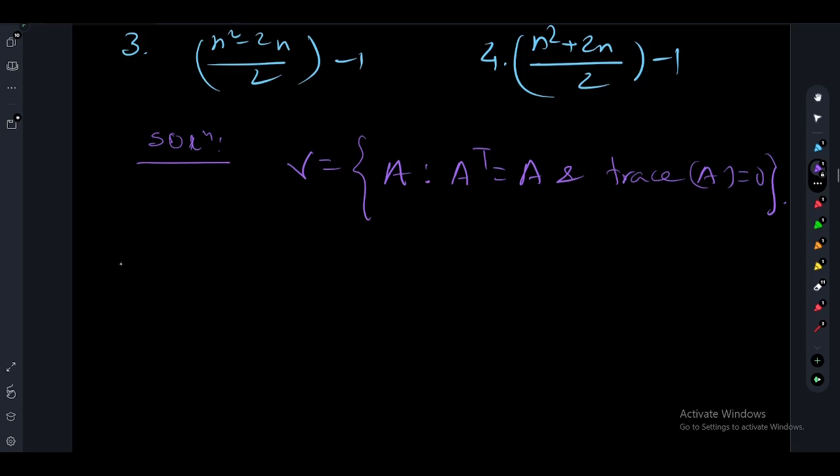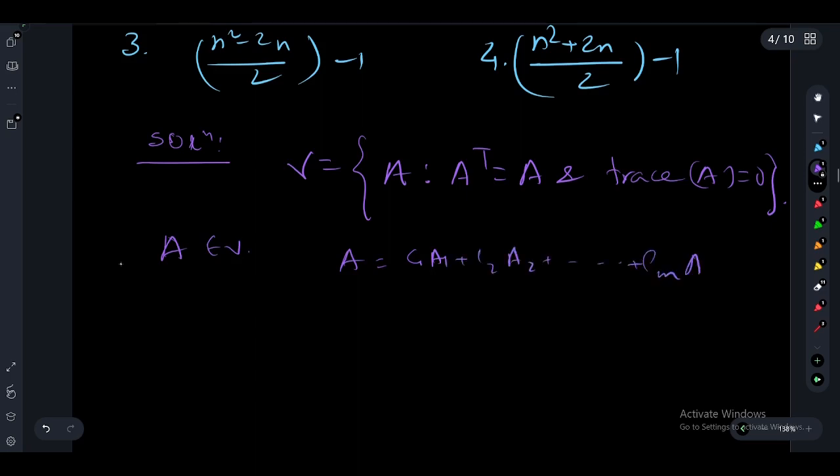That is, we can take an arbitrary vector A belonging to V, and we can write A as C1 A1 plus C2 A2 plus dot dot dot Cm Am, where A1, A2, dot dot dot Am are linearly independent, and then we can say that the dimension of V is equal to m. Note that here A is arbitrary.